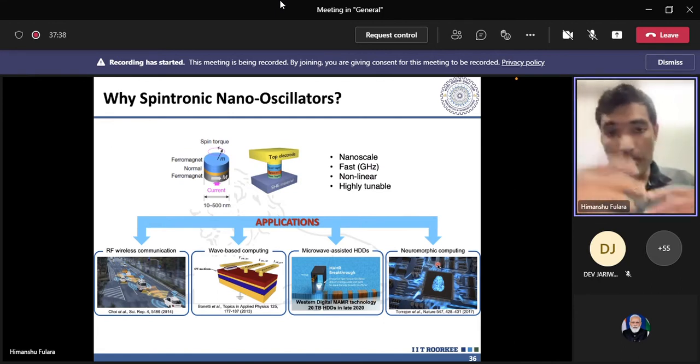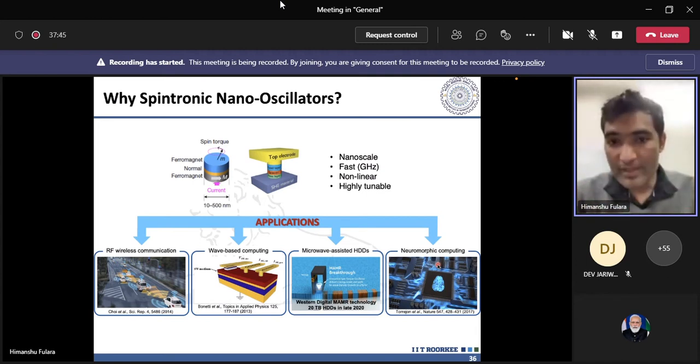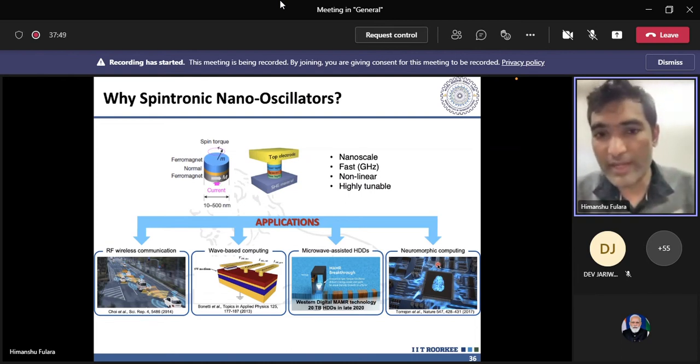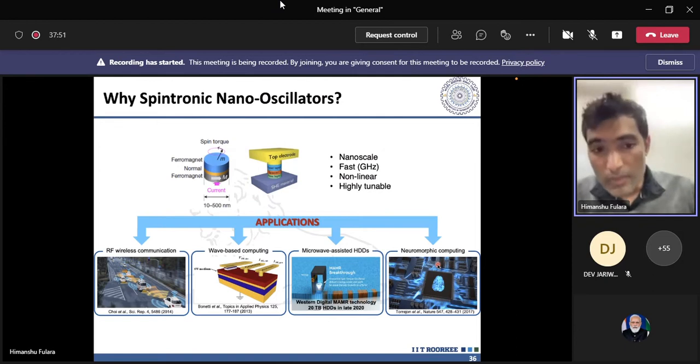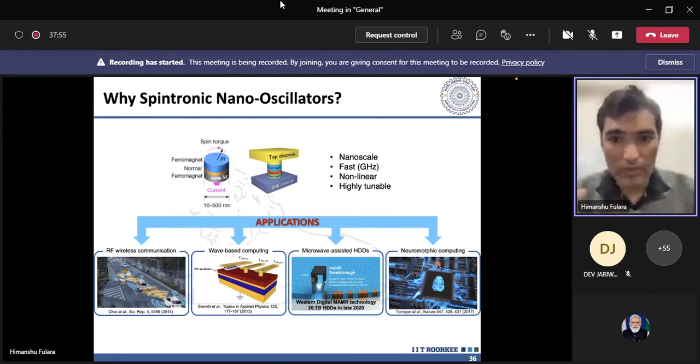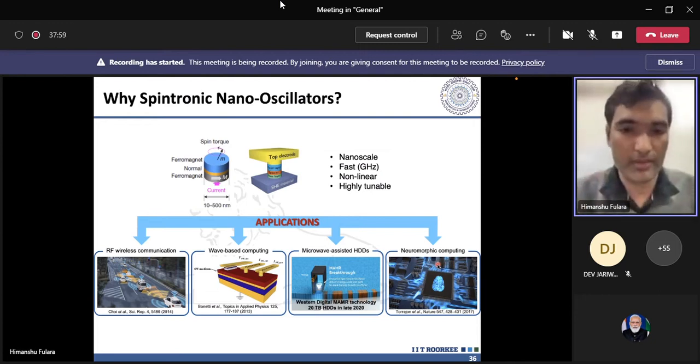But the problem is you have billions of neurons in your mind, so you cannot precisely mimic that neuron network. But since your oscillators are operating at very high frequencies, you can try to emulate a certain few neuron network to understand how this neuron interaction takes place in our brain. So I will touch this part in the following slide.